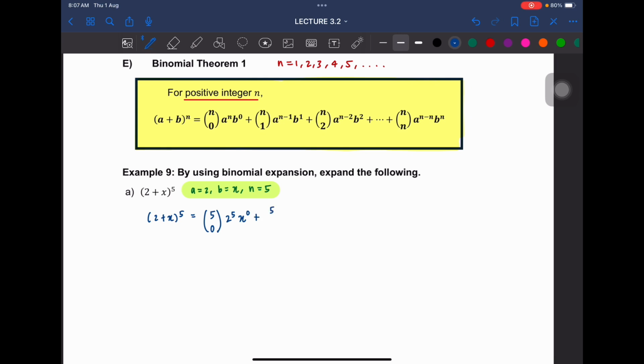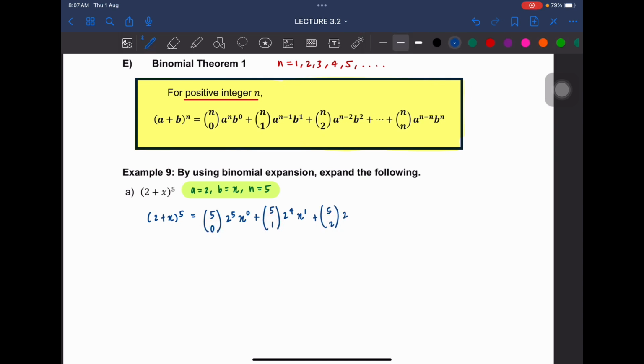So the next one is 5 choose 1, the n going to increase by 1, and then 2 to the power of 4, x to the power of 1. Okay, so our power for the a going to decrease, and our power for the b going to increase. Okay, we keep going. So next 5 choose 2 pula. Okay, dia akan increase, yang bawah ni akan increase 1 by 1.